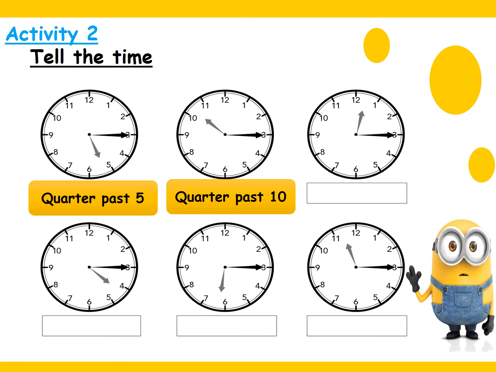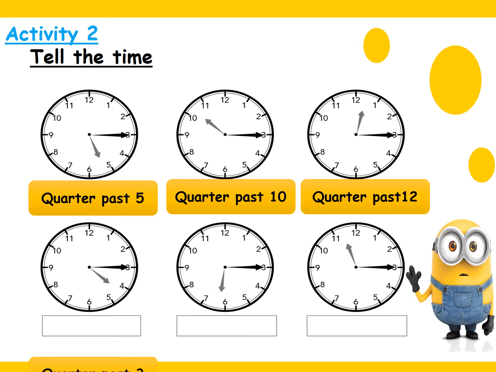The next one, primary 2, it's a quarter past what? 12. Excellent. And the next one, quarter past 4. I'm sorry, it's a mistake. Right? Quarter past 4.